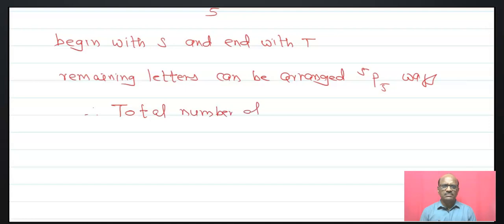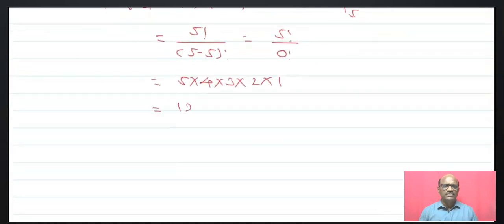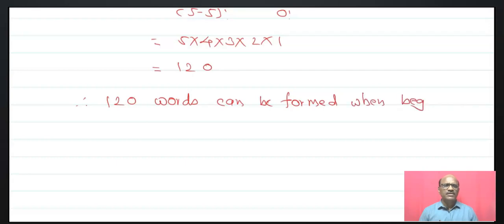Therefore, the total number of words is 5 factorial upon (5 minus 5) factorial, overall it is 5 into 4 into 3 into 2 into 1, that is equal to 120 words can be formed when they begin with S and end with T.